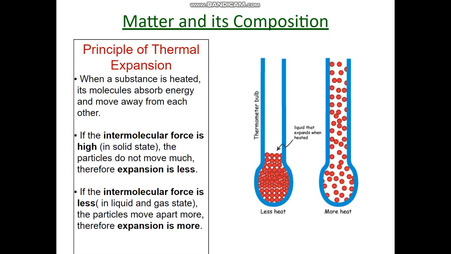As soon as heat is provided, the molecules of mercury will try to be apart from each other due to less intermolecular force of attraction and more intermolecular space. So this diagram clearly shows that as soon as you provide heat to the liquid state of matter, there is thermal expansion.